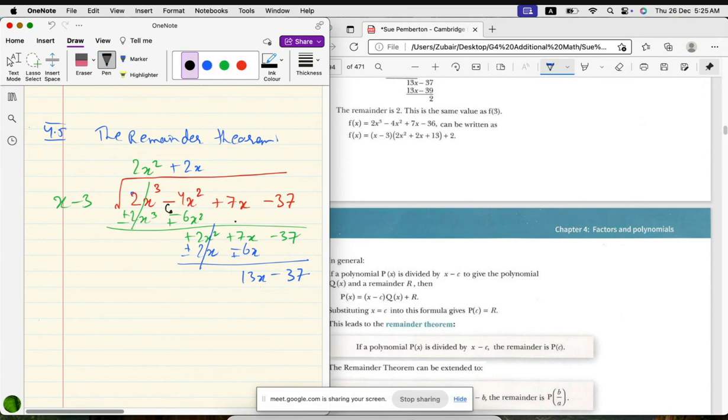And now we go for 13. So x into 13 is 13x minus 39. Change the sign, and 2. So this is the remainder.